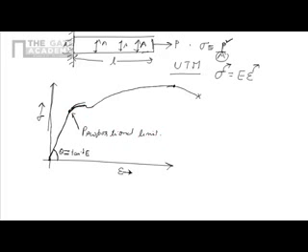Then it has again been experimentally seen that there is a point in the curve till which, if we remove the force, the strain retracts completely, which means the specimen goes back to its original length. That point is called the elastic limit.